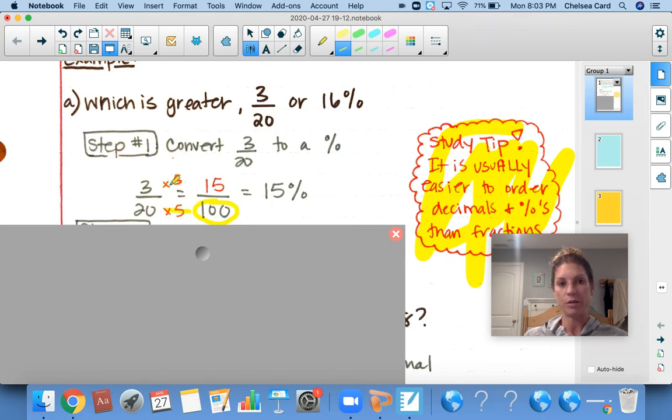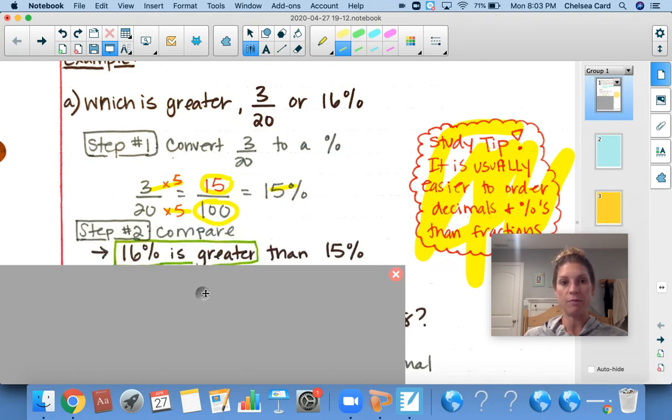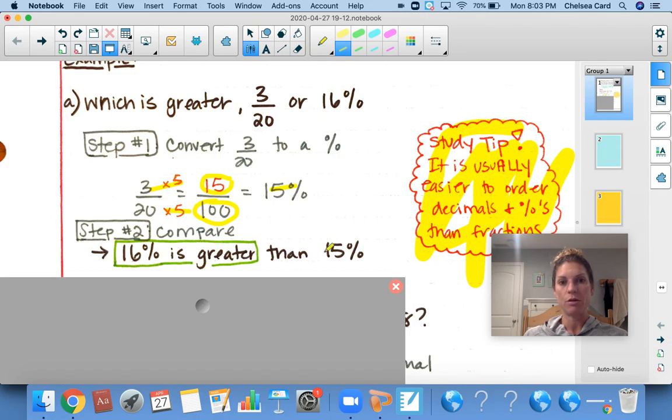And whatever I do to the bottom, I have to do to the top. 3 times 5 is 15. 15 over 100 gives me my 15%. Now I have a 15%, so step number two, 15% and 16%. Obviously 16 is bigger than 15, so 16% is greater, which is going to be our answer.